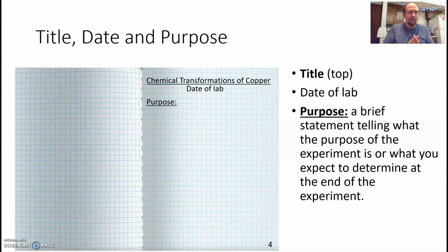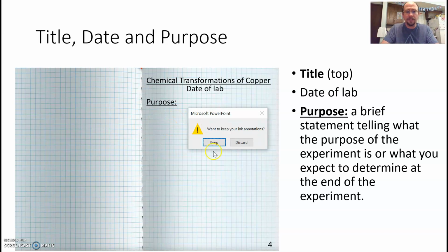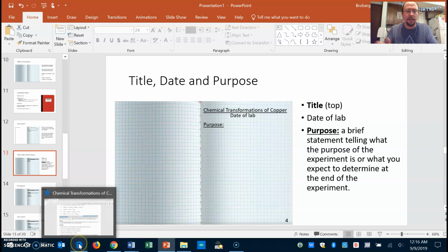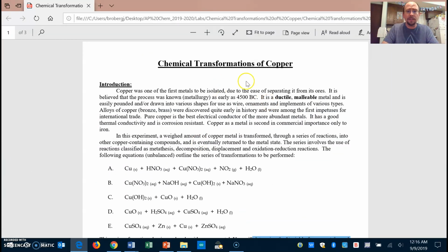And the expectation for labs in AP Chemistry is that you read the labs and that you bring your lab notebook ready to go. And I'll show you what that means. On the assignment in Google Classroom, you'll also find the lab, chemical transformations of copper.